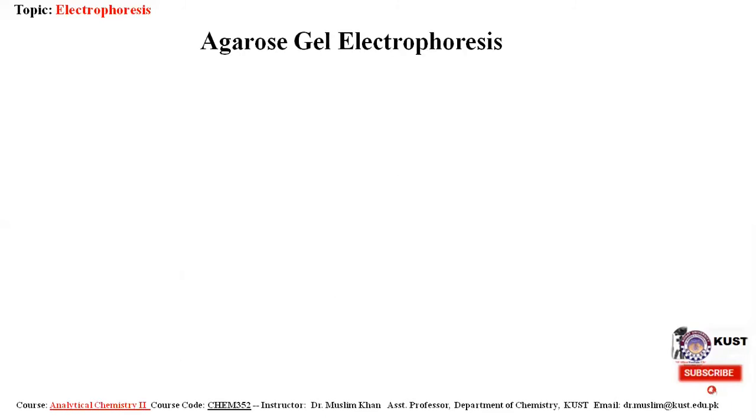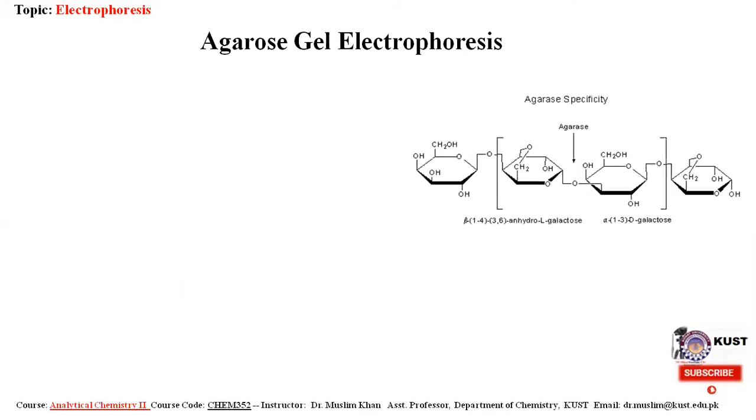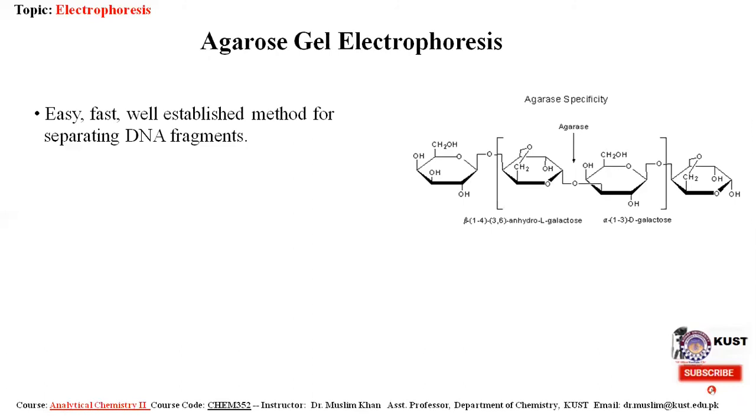So the first one is agarose gel electrophoresis. This is the structure of agarose. You can see it here. This technique is easy, very fast, and a well-established method for separating DNA fragments.